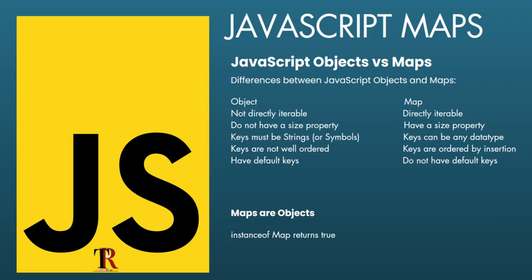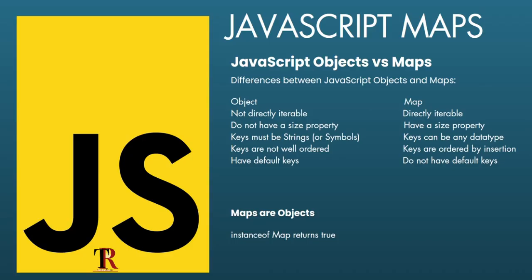But a map is directly iterable, so you can use a method like for or forEach directly on map objects and it will work. Number two, objects do not have a size property. Maps have a size property. If you want to know the size of your object, there is no property to check that, but a map has a size property. Number three, object keys must be string or symbol. So when you declare objects, you always see something like first name, last name, age. So the keys must be strings or symbols.